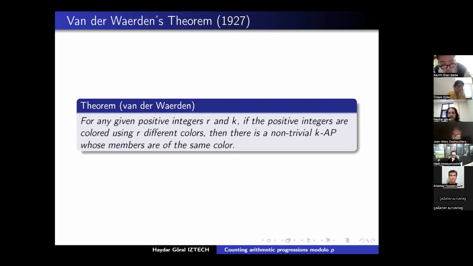Or in other words, if you divide the positive integers into finitely many classes, then in one class you can find arbitrarily long non-trivial arithmetic progressions. This theorem dates back to 1927, almost 100 years ago. The proof uses combinatorics, but you can also prove this theorem using some topological dynamics.